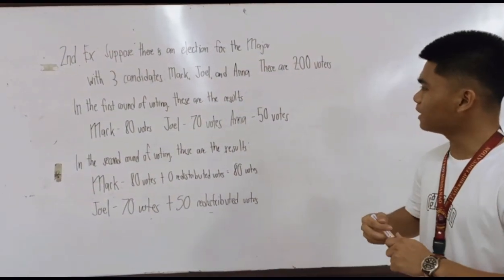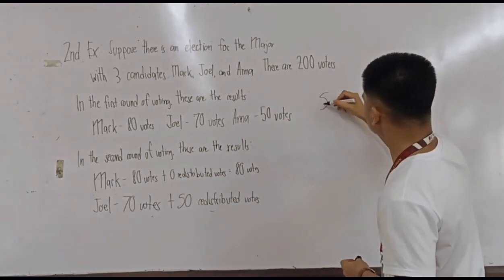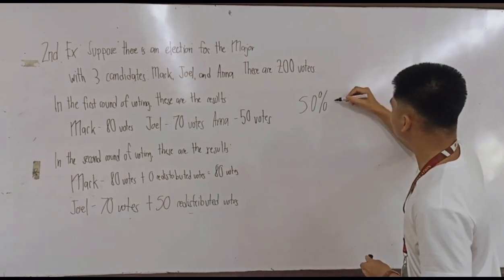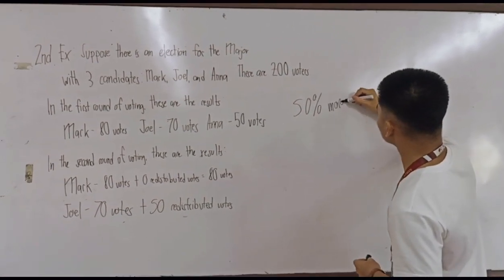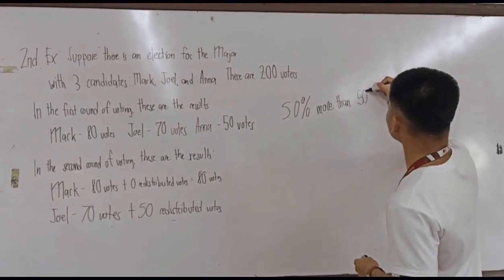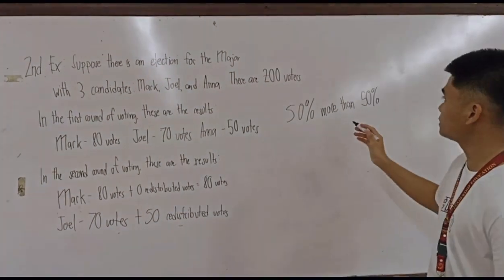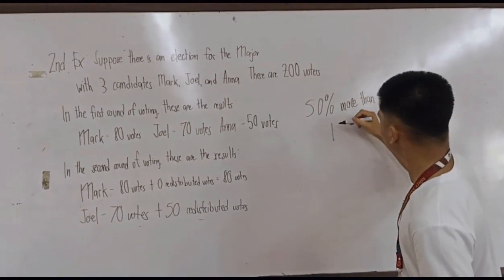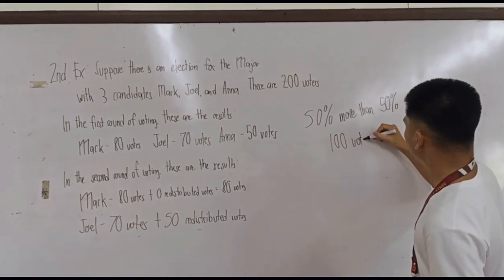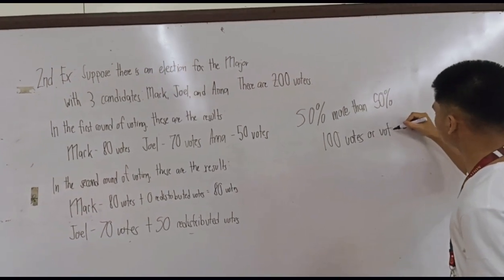So among them, none achieved the 50% majority, or more than 50%. So 50% of the votes must be above 100 votes, or voters.